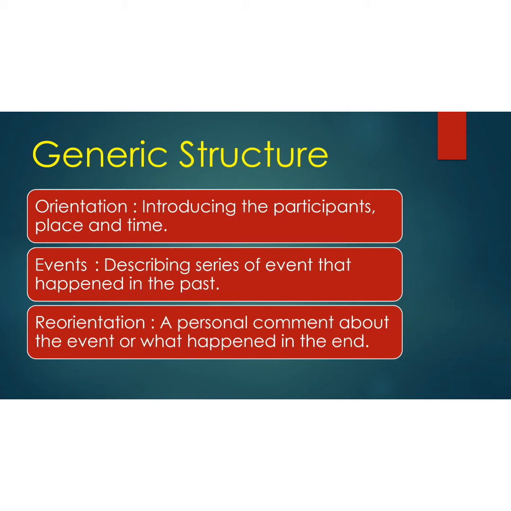Orientation is to introduce the participant, place and time. Okay, and the second is events. Events is to describe a series of events that happened in the past. And the last one is reorientation. Reorientation is a personal comment about the event or what happened in the end.